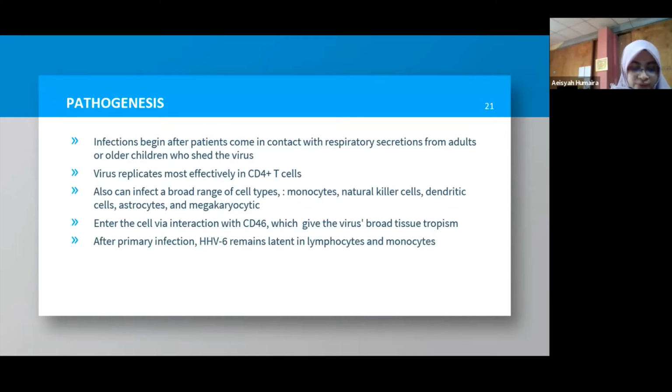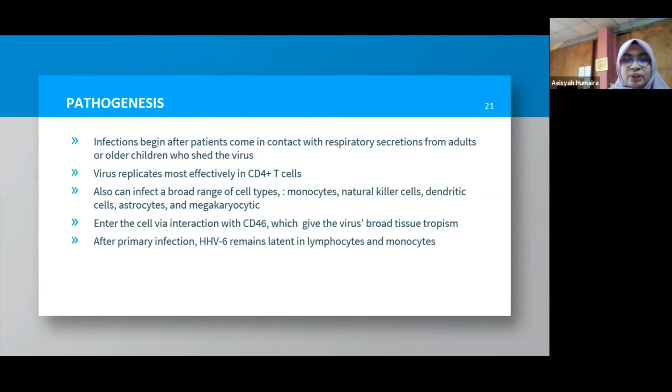Once in the body, the virus attaches to antigen presenting cells, which are dendritic cells. These cells process the antigen and present it at the cell surface. When the virus attaches to the dendritic cell, it activates the dendritic cell, and then the dendritic cell migrates to the lymph node.